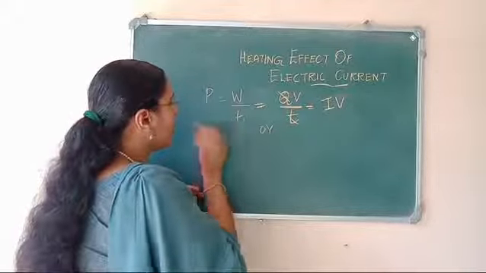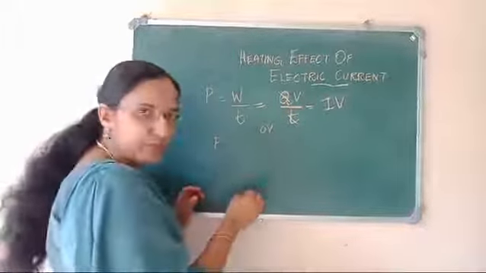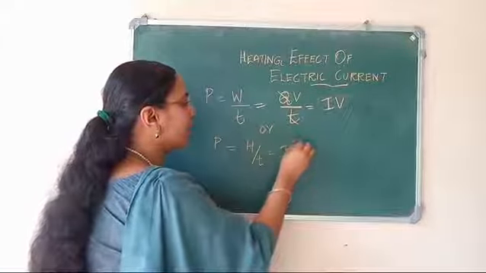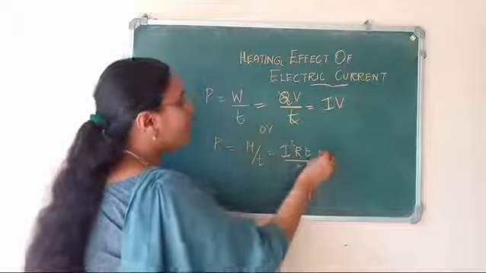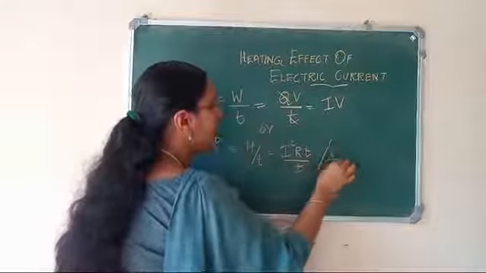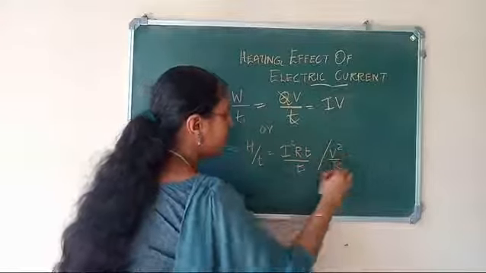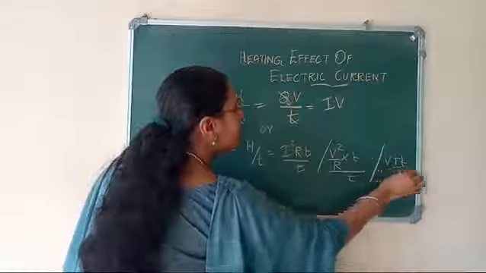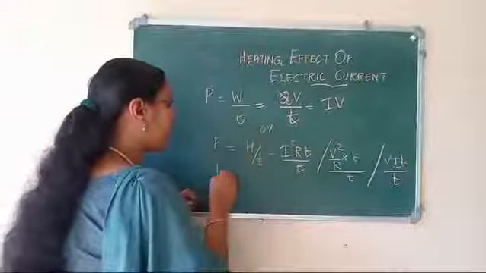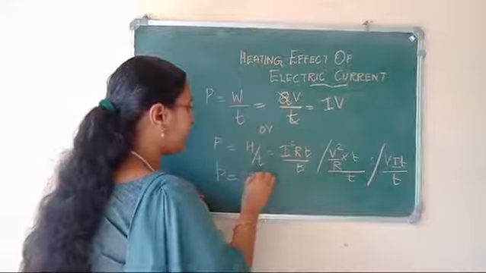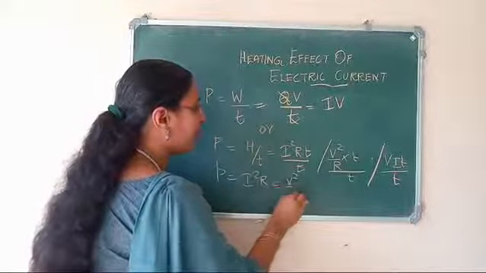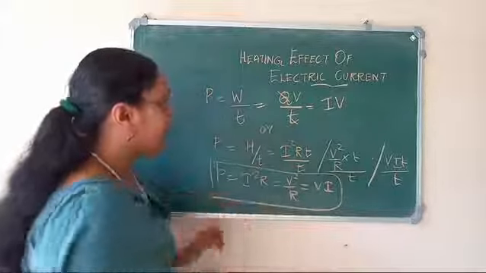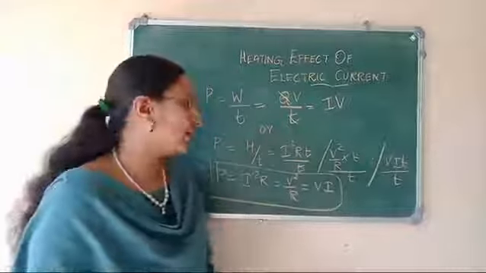Power is the heat energy dissipated per unit time, that is H/T, equal to I²RT/T, or V²/R × T/T, or VIT/T. Therefore, I²R = V²/R = VI. Thus we obtain the equations of power: I²R = V²/R = VI.